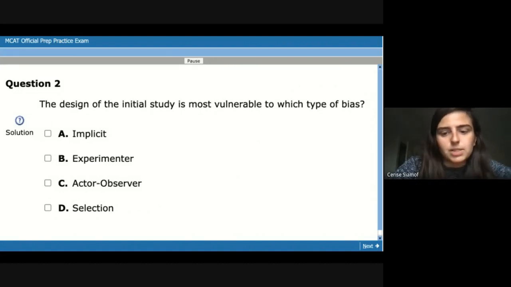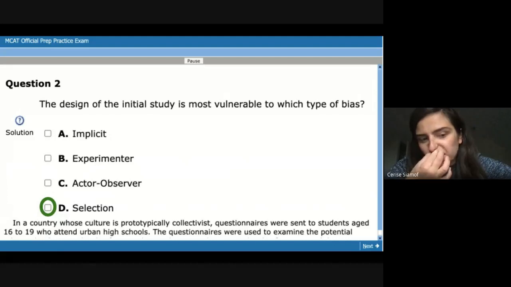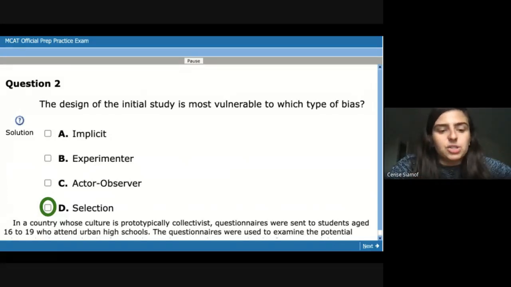Okay, so I'm seeing some Ds. Does anybody want to explain? And you can click twice, Pranava. So the answer is D, it's selection bias. And then I've highlighted what you could use to help you figure this out. So the passage says that questionnaires were sent to specific students who attend these high schools.